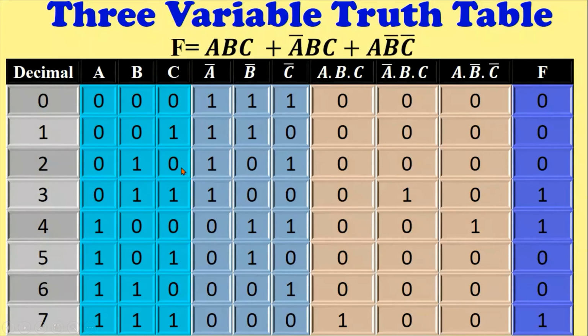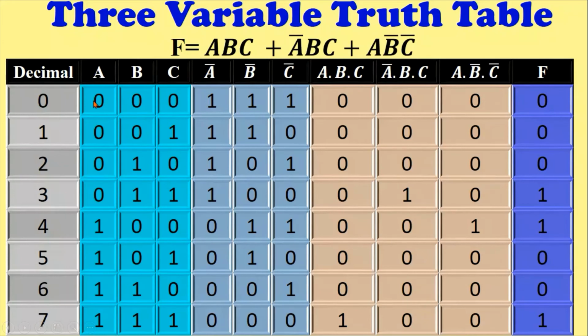So 0, and again this one is 0, and again 1 0 means 0, and these three are 1. That means you will have 1 because 1 multiplied by 1 multiplied by 1 gives 1. Again 0, again 0 and 1 0, and again 0, and again 1 and 1 0, you will have 0. And same like that you have to make a column of A dot B bar dot C bar.